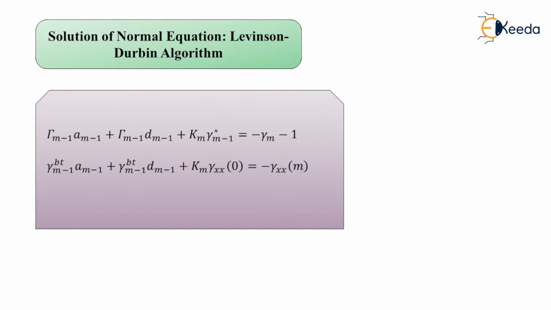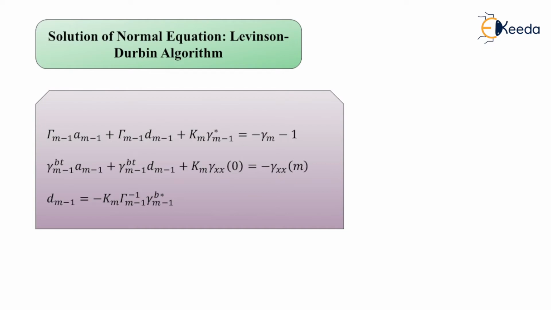Now, since we know that the capital Γ_{m-1} multiplied by a_{m-1}, the first term of the upper equation, is equal to minus γ_{m-1}, it will give us the solution d_{m-1} equal to minus K_m multiplied by capital Γ_{m-1}^{-1}, and this is further multiplied by small γ_{m-1}^{b*}.